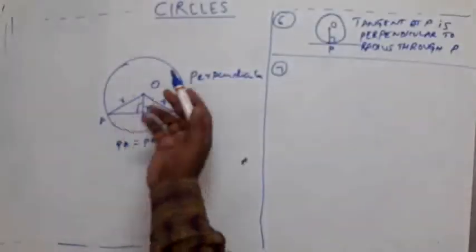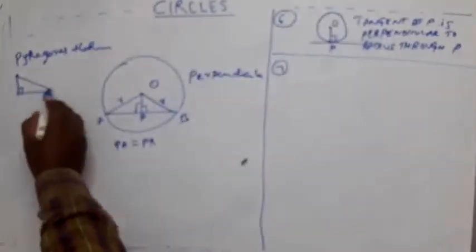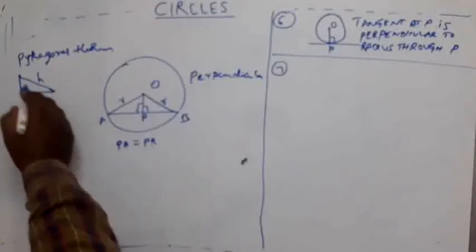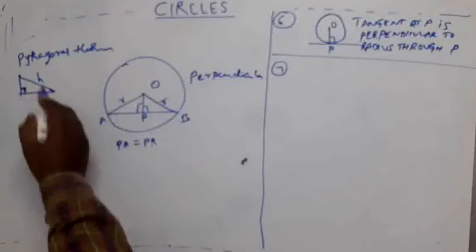In this right angle, do you know the Pythagoras theorem? What is the Pythagoras theorem? We all know the Pythagoras theorem. What does it say? In a right angled triangle, the square of the hypotenuse, what is the hypotenuse? The largest side, that is opposite to the right angle, right?